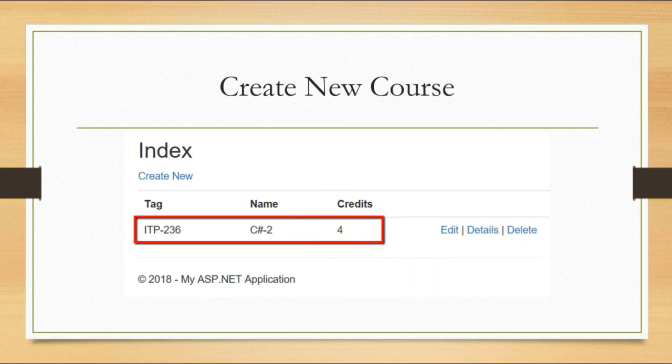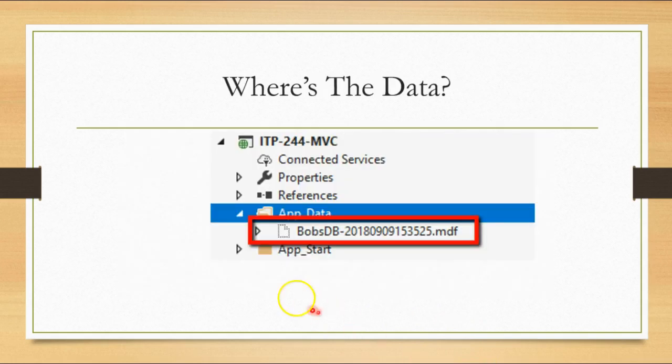So where did it put this data? If we go back to our App_Data folder, we see that a new file has been created called BobsDB. This is an MDF file. This is an example of code first with Entity Framework, meaning that we wrote the classes first.